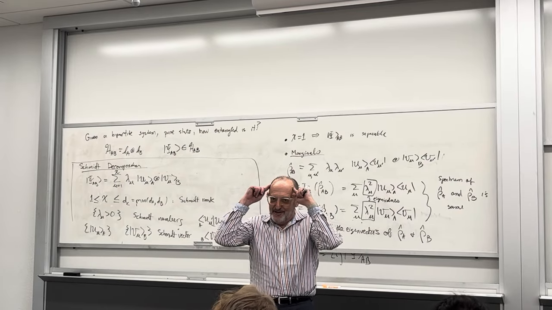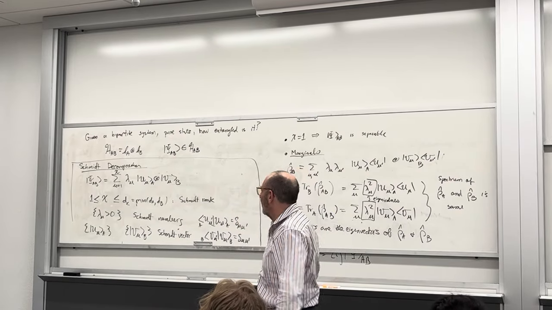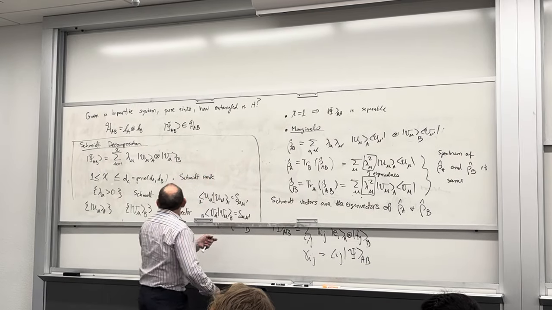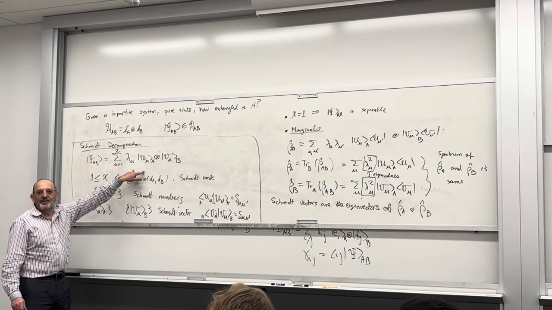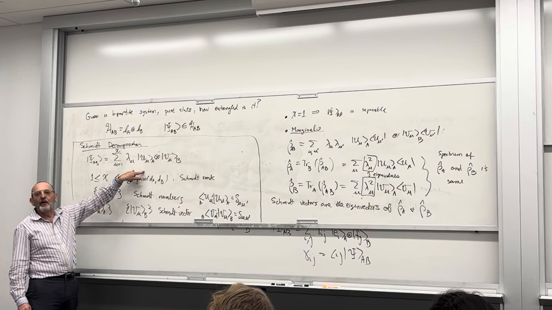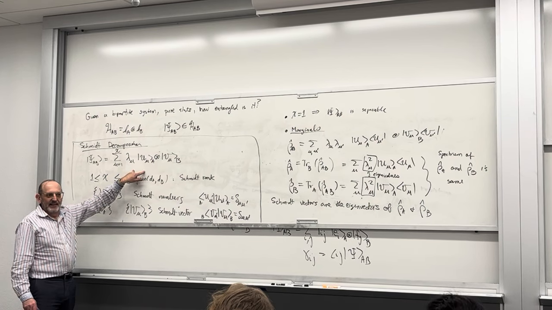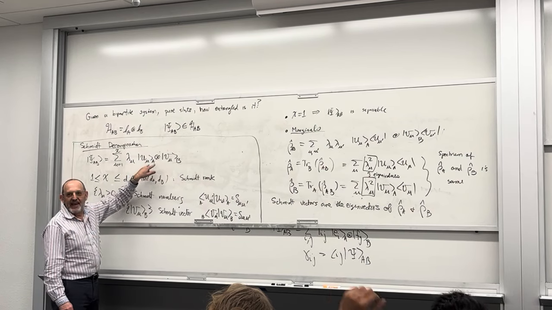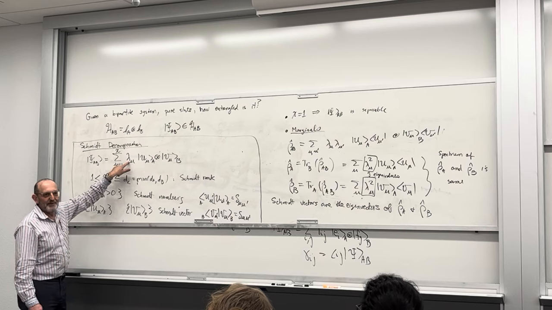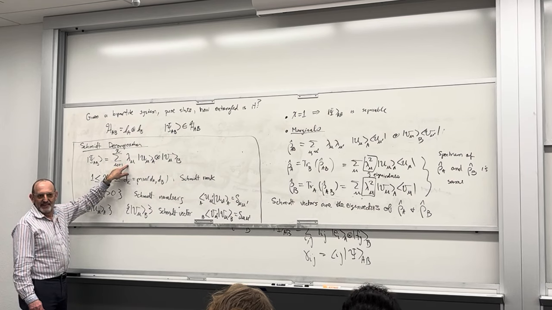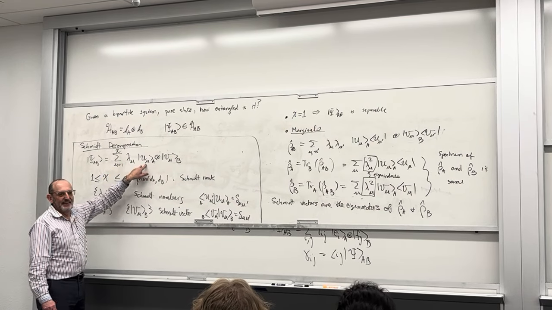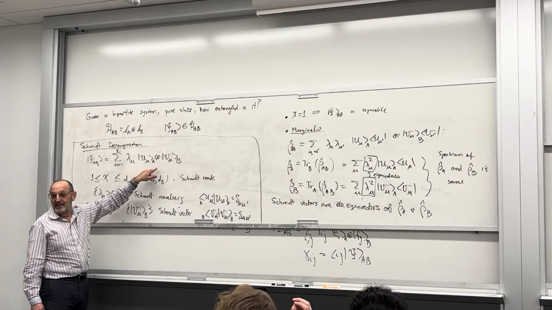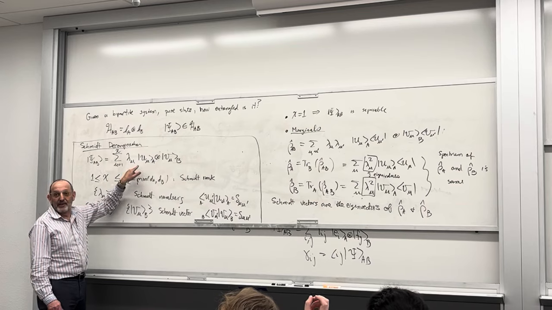Although there's one thing that's missing here, because this thing has some phase information buried in it. The Schmidt vectors have to have a definite phase. If these are going to be real numbers that are positive, the Schmidt vectors have to have some well-defined relative phase relative to one another.